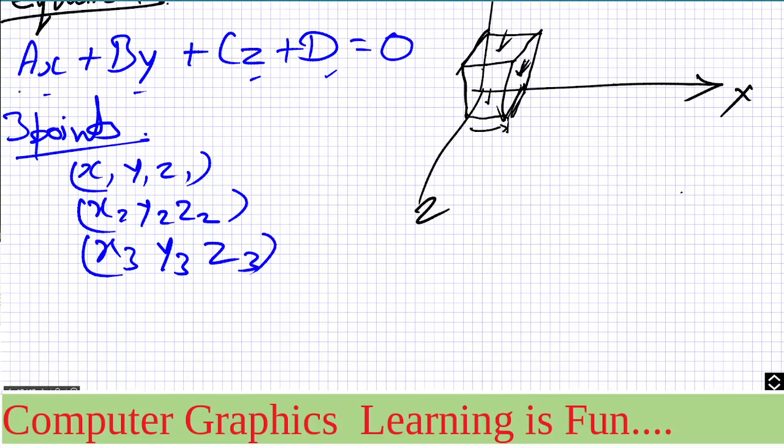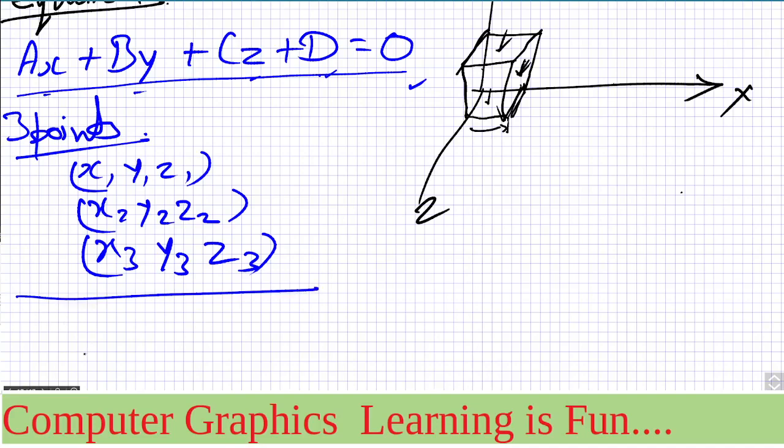You can form these 3 equations with these x values. Okay, you will take the d on this side, it will be minus d. So to make it 1, here you will take the d on the denominator side.